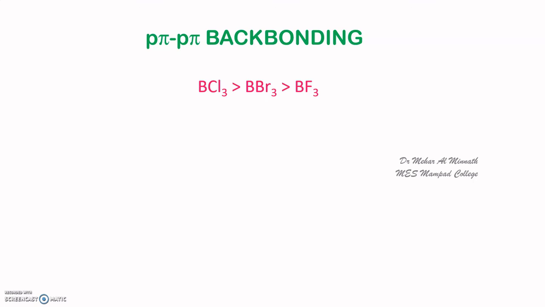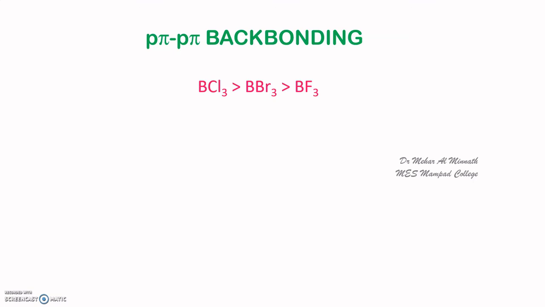There will be a shift of electron density from fluorine to boron via pi overlap between the vacant p orbital of boron and the filled p orbital of fluorine. This is called p-pi back bonding.